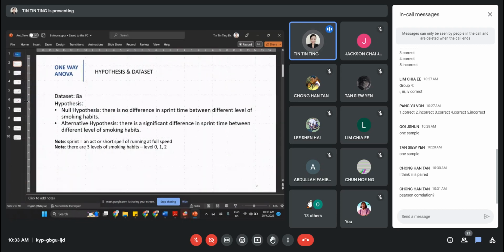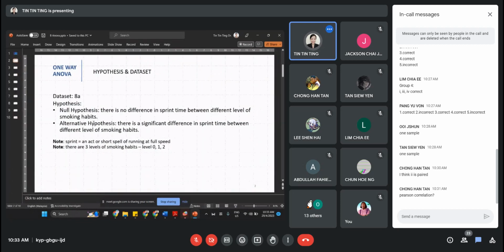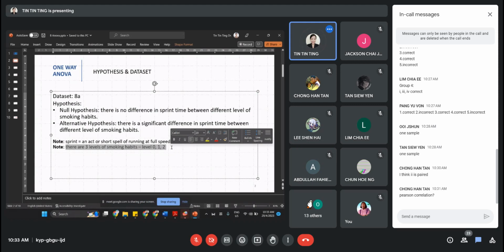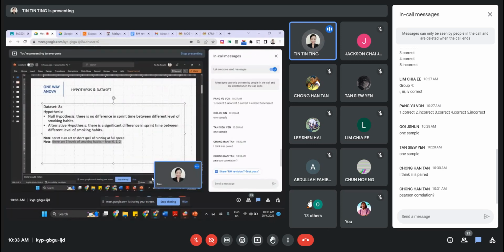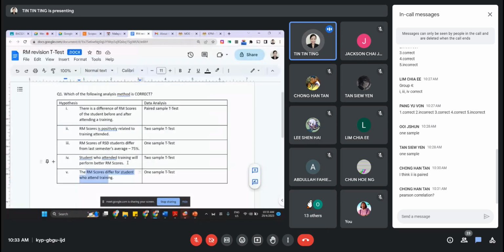One-way ANOVA means you have one IV, one DV in your hypothesis, but your IV consists of more than 2 groups. Just now in your t-test, we have two sample t-tests, 2 groups, right? We're comparing 2 groups.